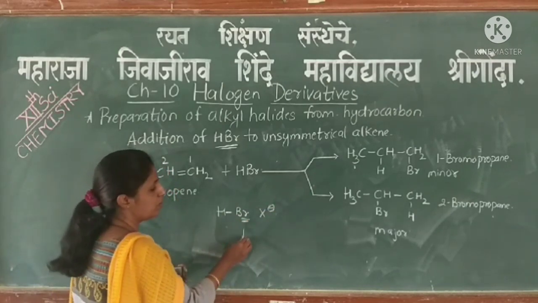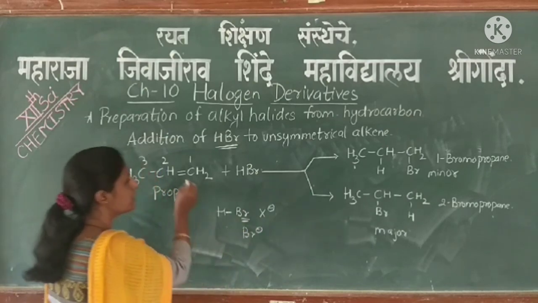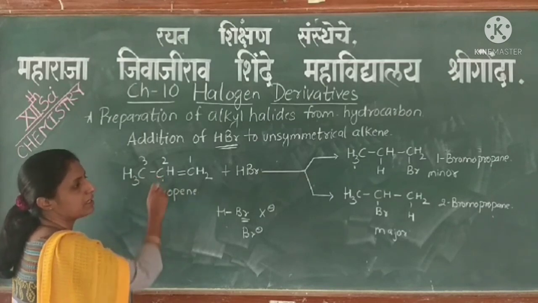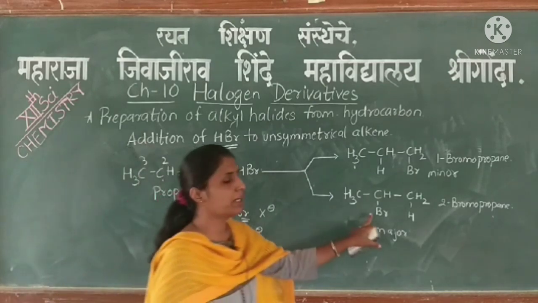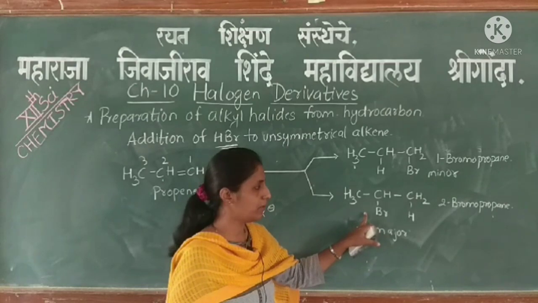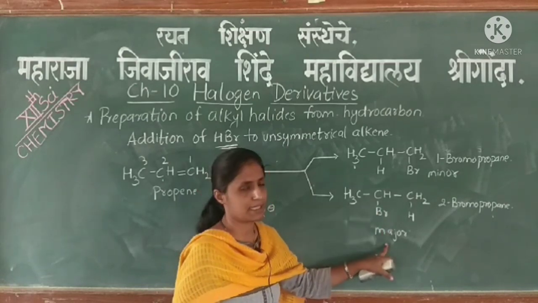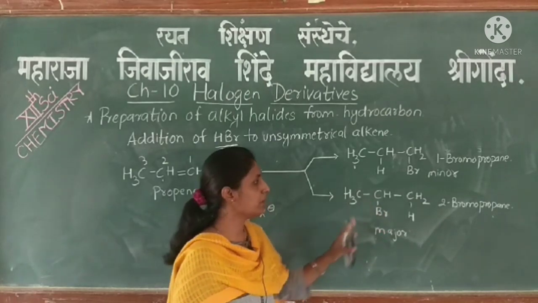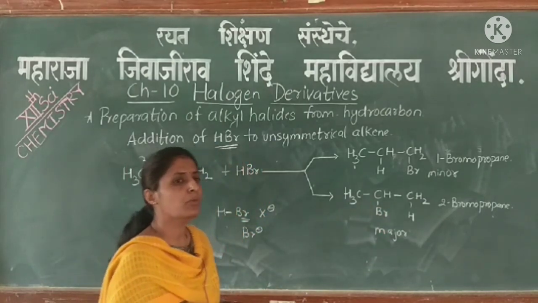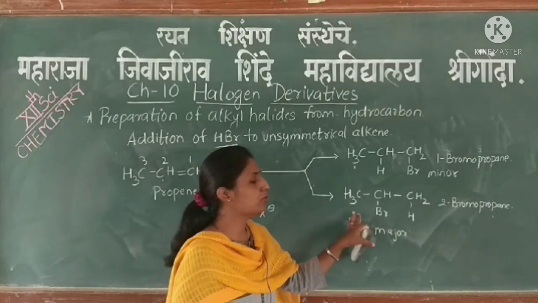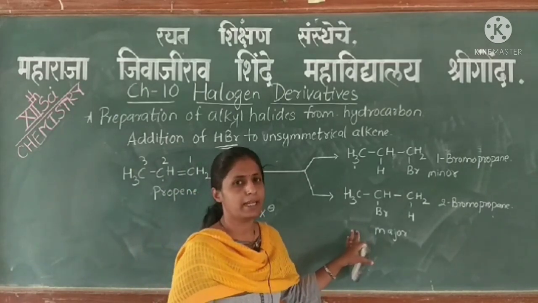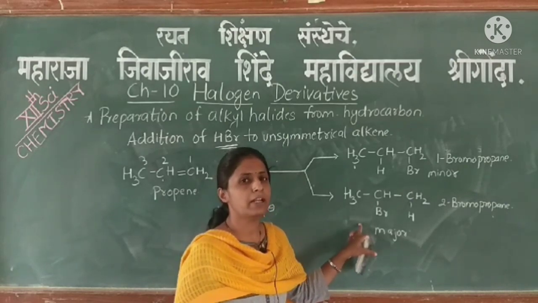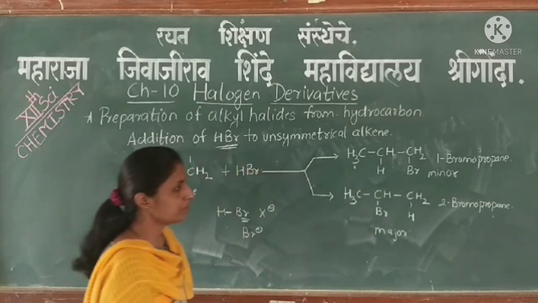So bromine will attach to which carbon atom? The carbon having less number of hydrogens, this second carbon. The product where bromine is attached there is the one you get maximum, because that carbon carries fewer hydrogen atoms. Or in other words, bromine attaches to the more substituted carbon.